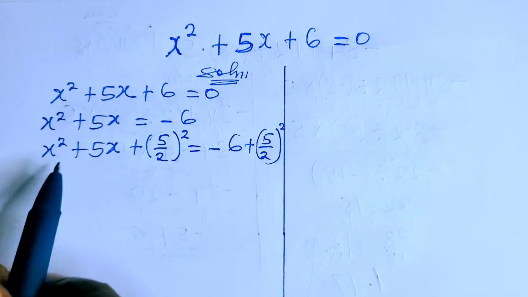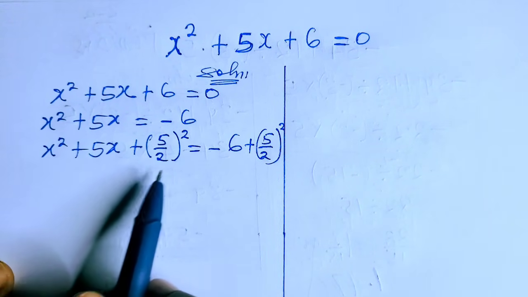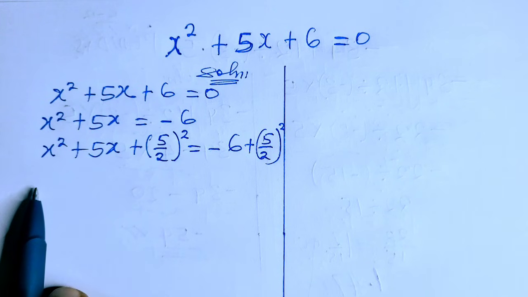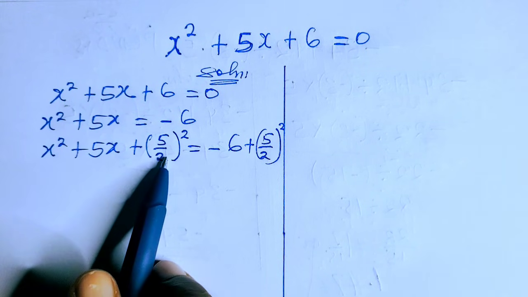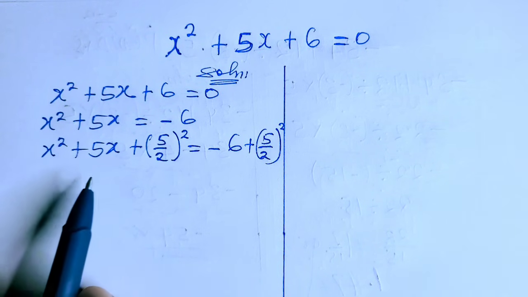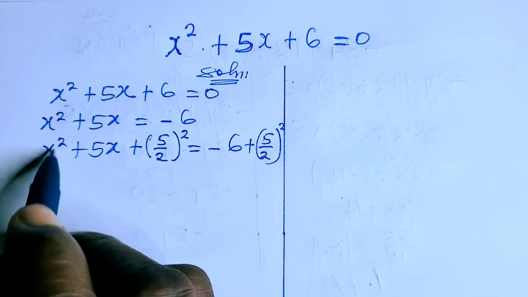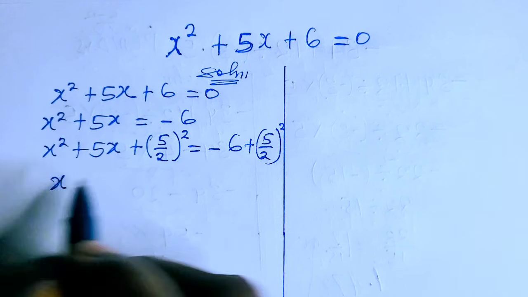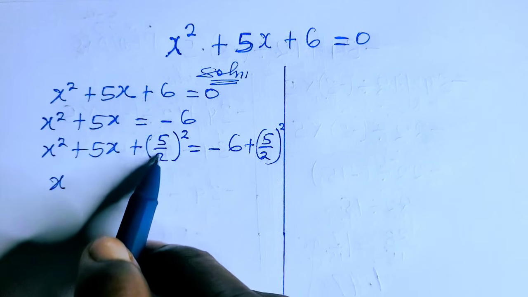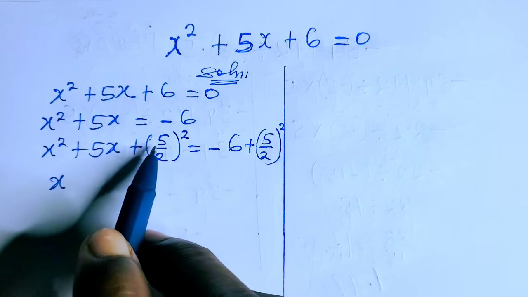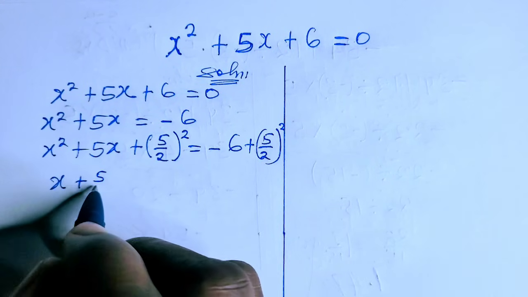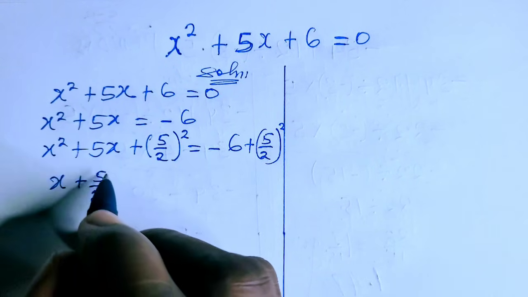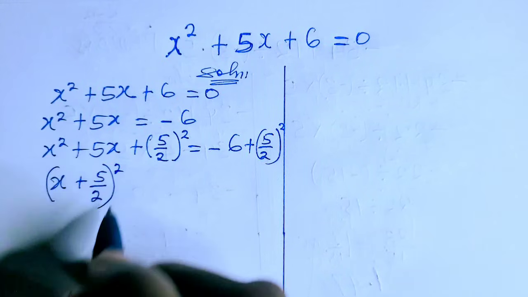Now, at this very point, we are to factorize the left hand side of the equation and simplify the right hand side of the equation. To factorize this, the simplest way is for you to take the x, then right here we pick plus 5 divided by 2, and we have x plus 5 all over 2, then you square this.